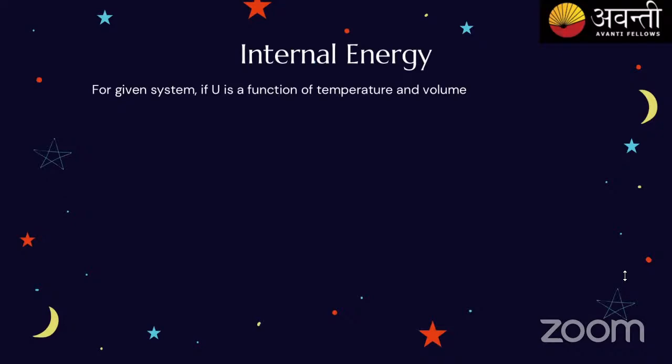We'll end with this small thing. We'll write it as dU. dU is equal to, at constant volume, dU by dT, differentiating with respect to temperature, into dT, plus, at constant temperature, dU by dV into dV.